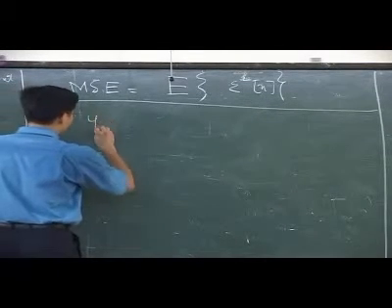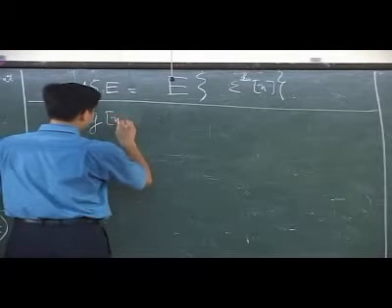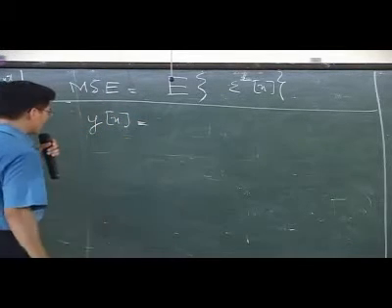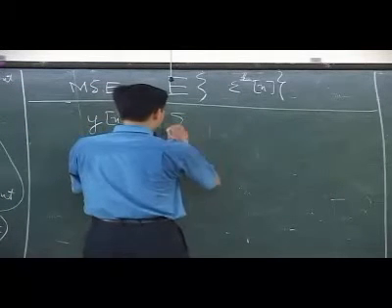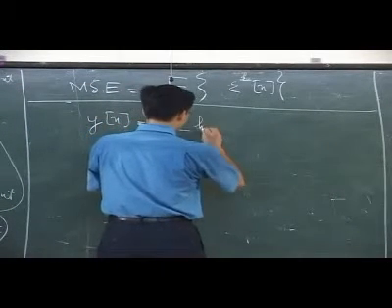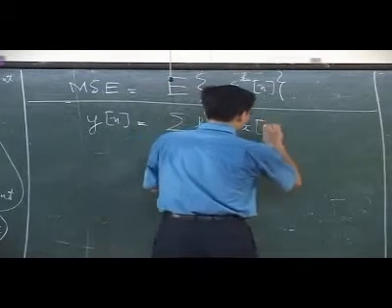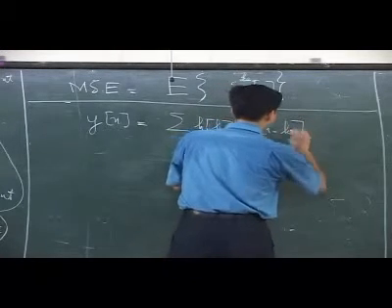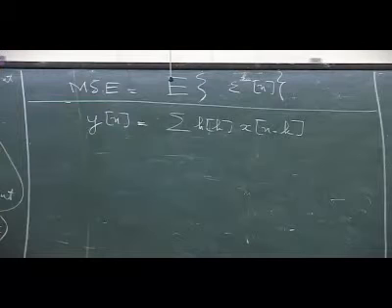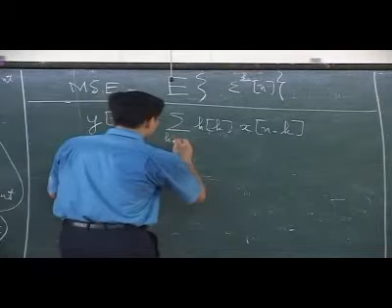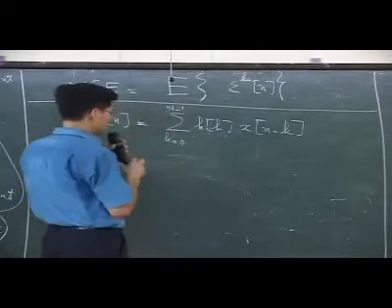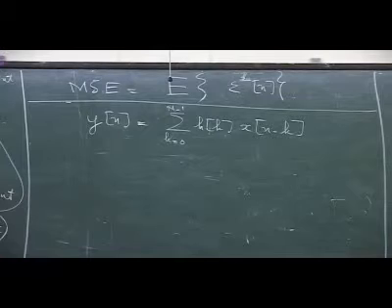I can write y of n is equal to the summation of h k times x of n minus k, where k goes from 0 to n minus 1.